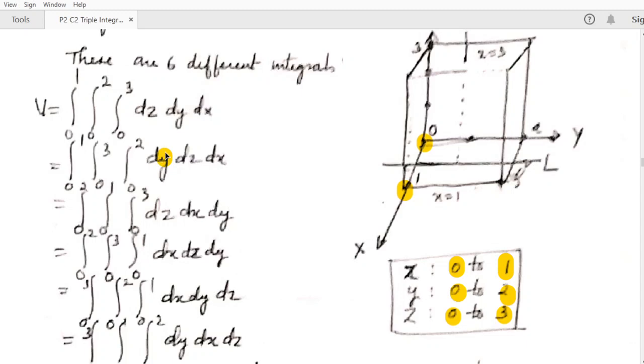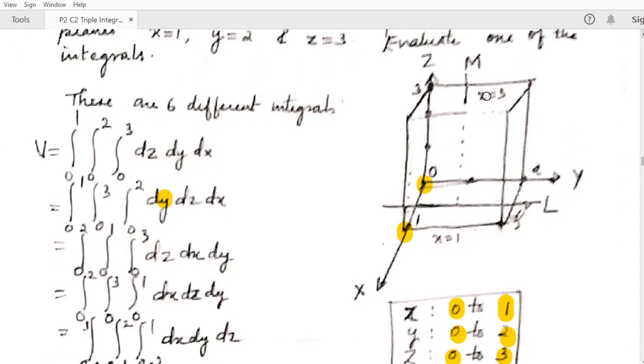In that case, we will be considering a line passing through the solid that is parallel to the y-axis. We denote it as capital M. Our M should be a line passing through the solid parallel to the y-axis.